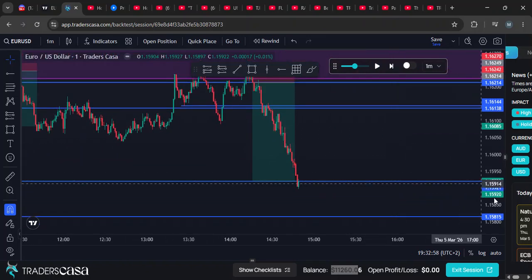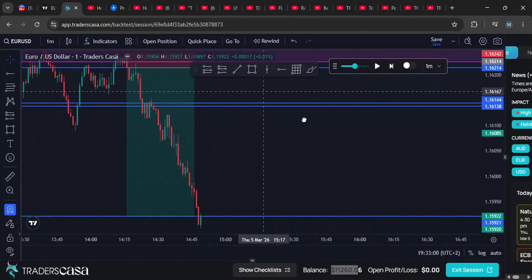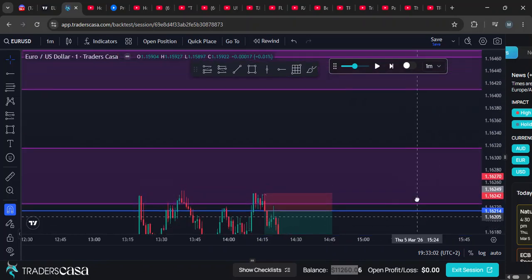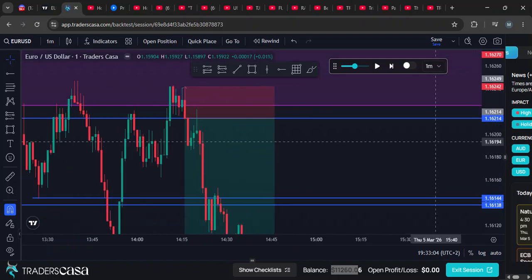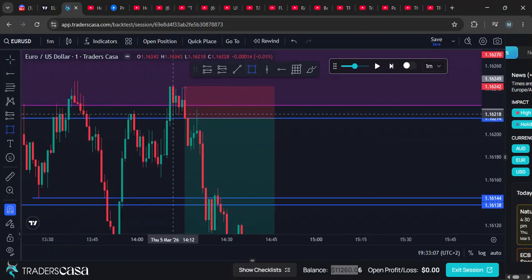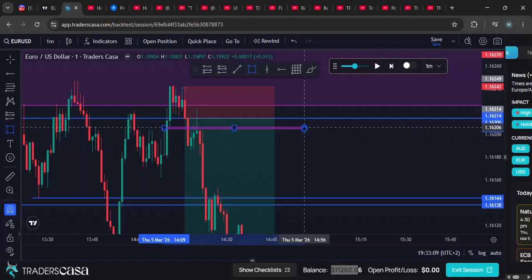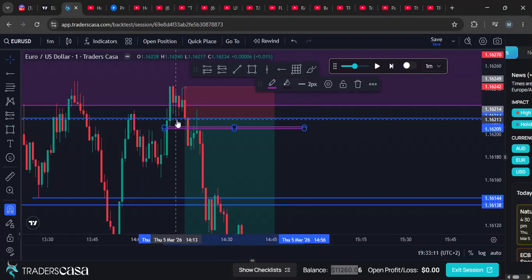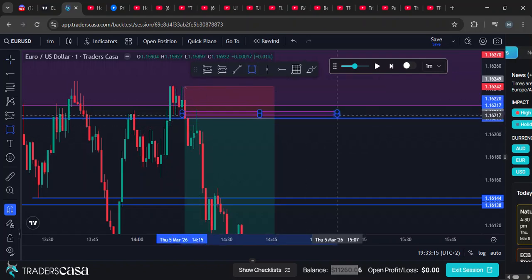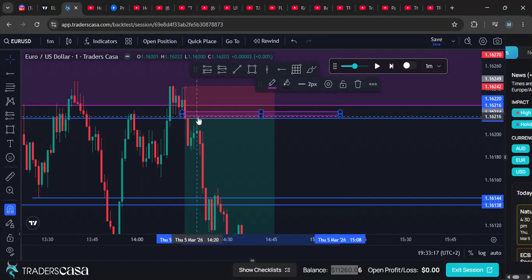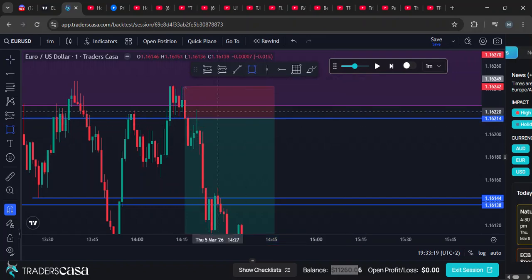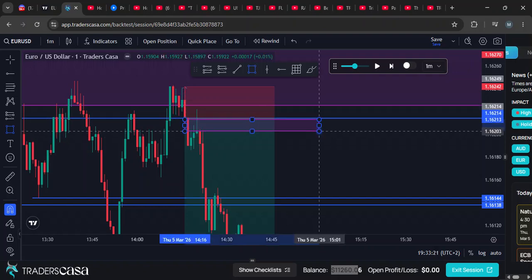Okay. So we entered off of that, but now to make the trade even more precise, you could look to enter. Looking at this, you've got the inverse that held up, not a single close above the inverse. Then matched with the inverse, we've got a fair value gap up here that caused a reaction. You have a fair value gap down here, which had no closes on all these reactions.